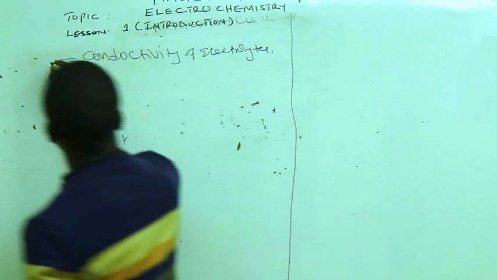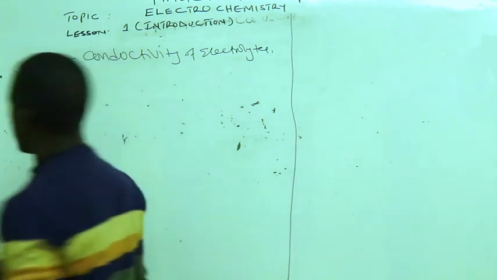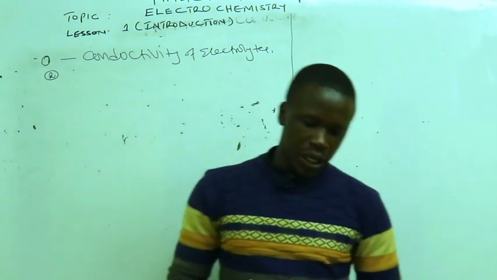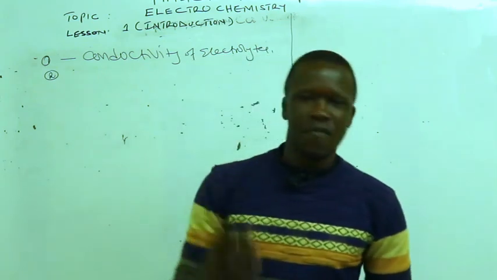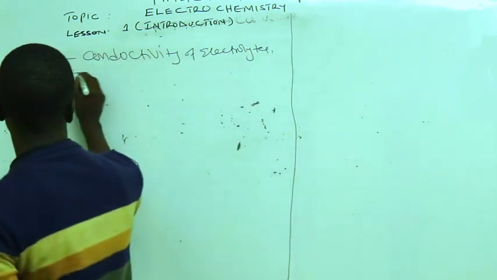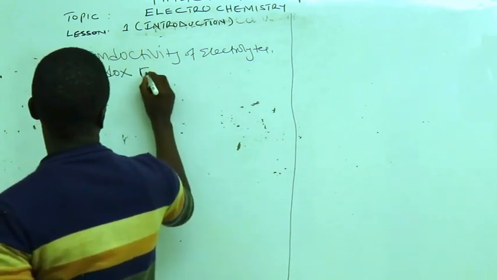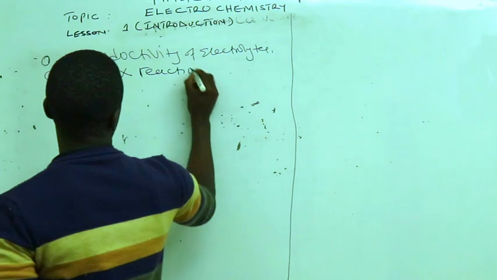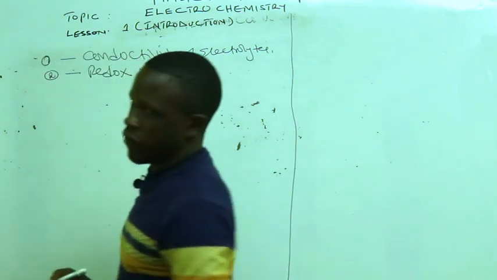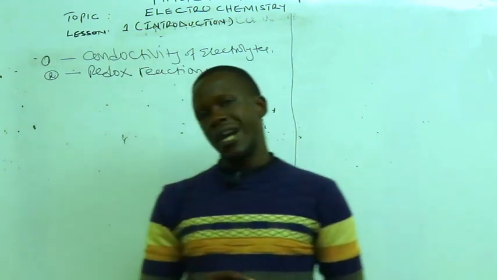After that, in number 2, we shall also have a view of what we call redox reactions. We shall know something to do with redox reactions. Reactions that involve both oxidation and reduction.